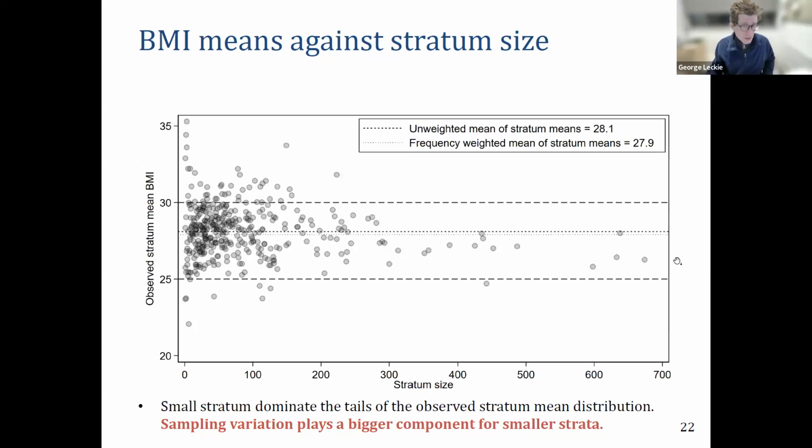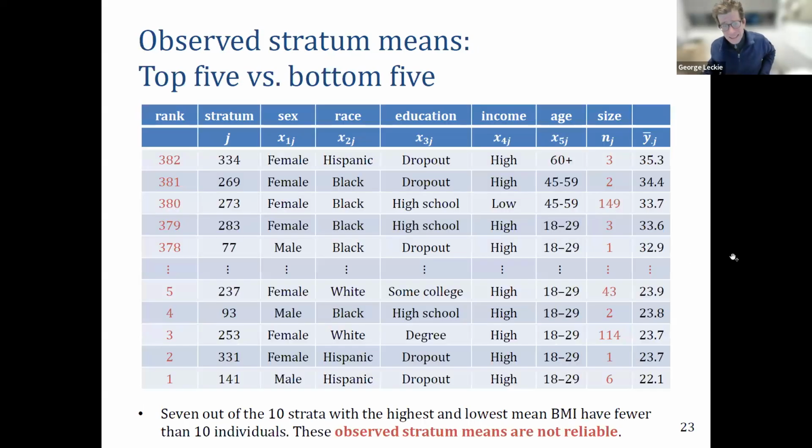So let's look at that now, just to highlight it. Here is a stratum-level data set where I've sorted so that the top 5 are the 5 strata with the highest observed mean BMI. Look at this, 35, 34, 33, they're all above 30. Whereas the bottom 5 down here, the bottom of the league table, we miss out everyone in between, they've got mean BMIs all in the normal weight range.